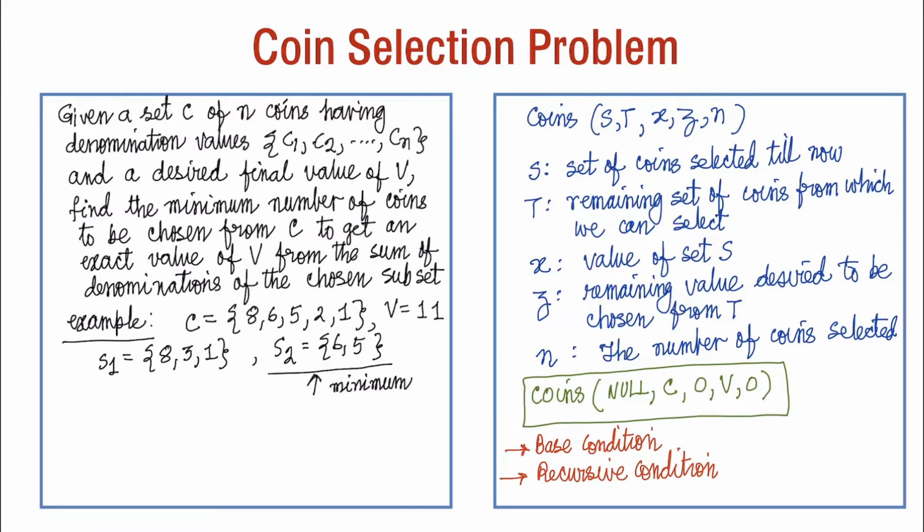How do we define the problem and define a recursive decomposed solution for this problem? And what will coins return? Coins will return a set that has been selected and the number of coins that have been selected, and we want to do it in such a way that it is the minimum of all those which have been selected.